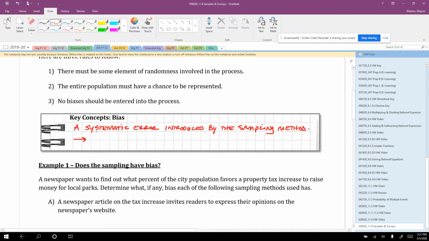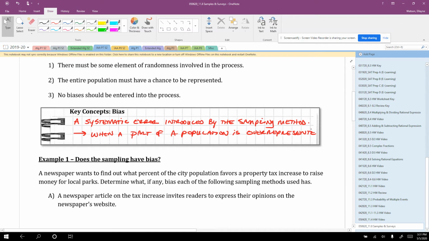So that's an important key to know, and it's something we want you to think about when you're working through these problems. I think I spelled it wrong there. Underrepresented.